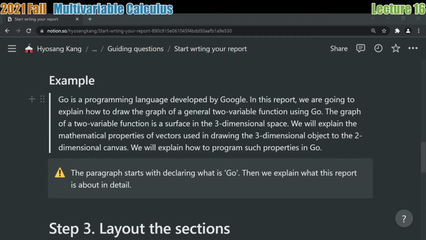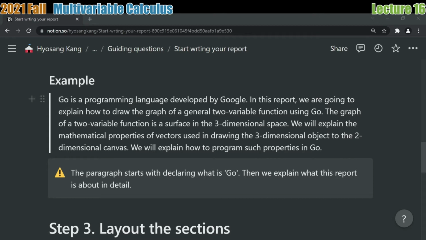And then I have to explain more, because the question that follows immediately is, what did you do to draw the graph of two variable functions? Or, what is the graph of two variable functions? So I have to explain. If you really explain in detail, then you can define the graph of two variable function in the next section.